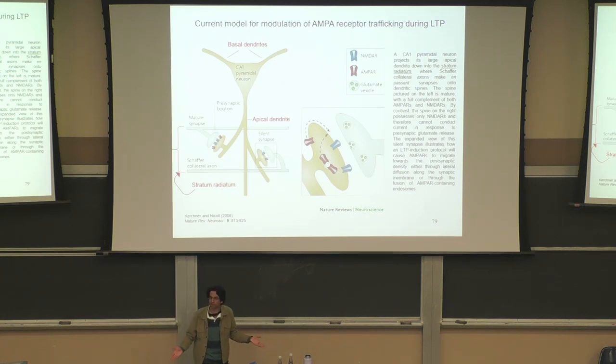So there are also AMPA receptors nearby the dendrite, but not on the active synaptic site. They're kind of like a car in the garage. It's like the car is nearby the road, but it's not being driven. Then when you unsilence the synapse, the AMPA receptors can migrate from near the postsynaptic site to the postsynaptic site. So they can either migrate to the correct place or be placed there from a vesicle.